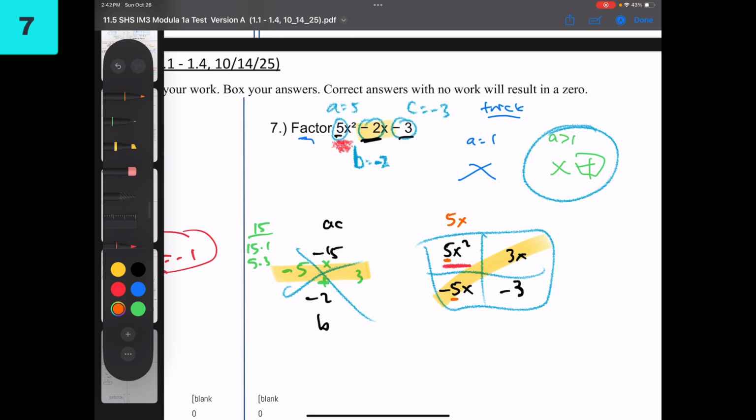It's 5x, and you have x. And this is 3, and this will be -1. So your answer is 5x plus 3 and x minus 1.